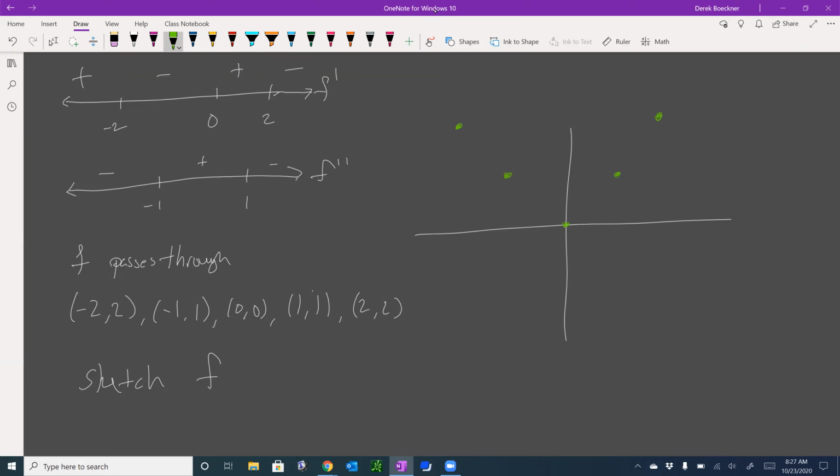Okay, below 2, I have to be increasing and concave down. So below 2, I have to be increasing and concave down.